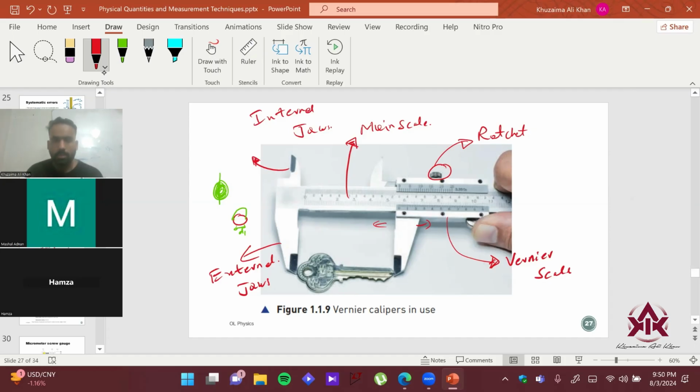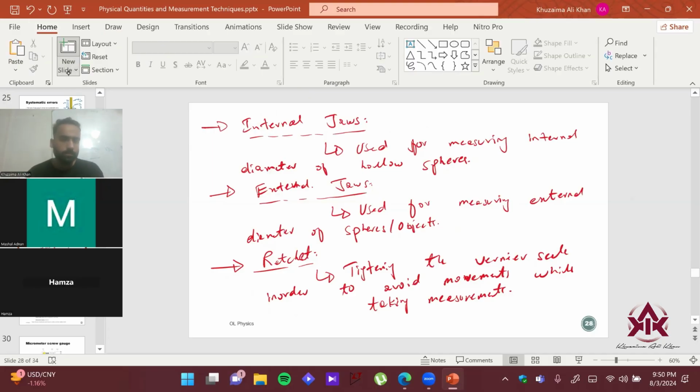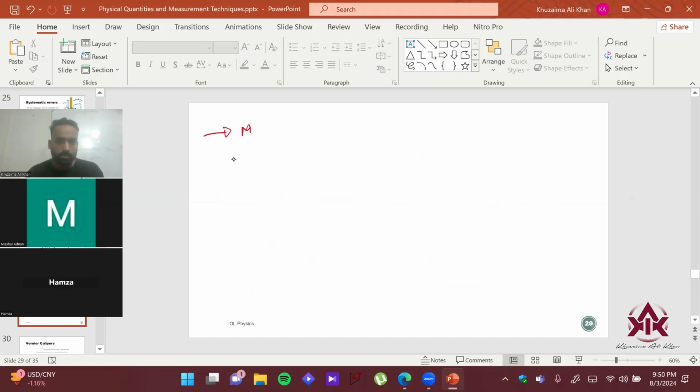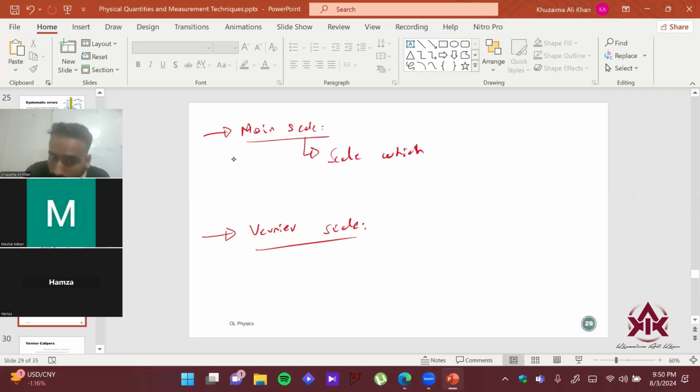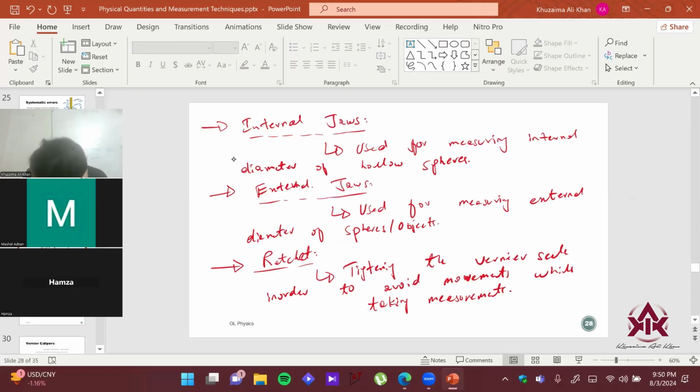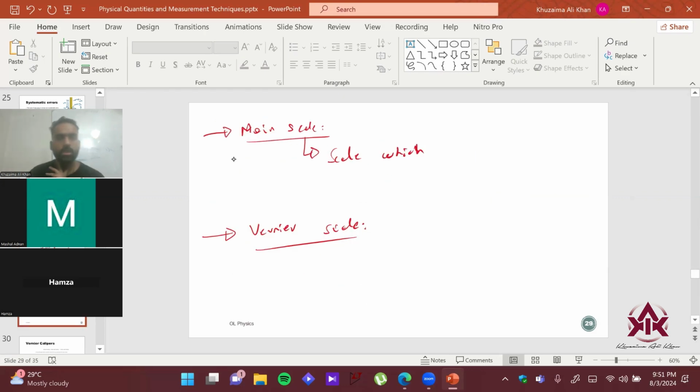Yes. ठीक. And then you have the main scale and the vernier scale. ठीक है, so main scale is the scale. सर, रैचेट की डेफिनेशन दिखाना, सिर्फ एक सेकंड। Hamza, can you speak louder? रैचेट की डेफिनेशन दिखाते हैं, एक सेकंड के लिए बस। बस दिखाना था। ठीक है, so this is a scale which is fixed, it cannot move, right?